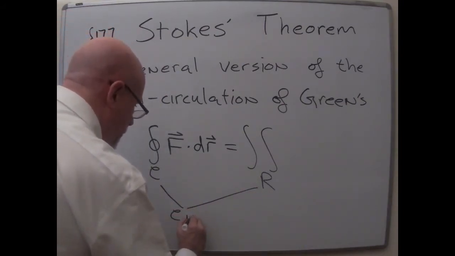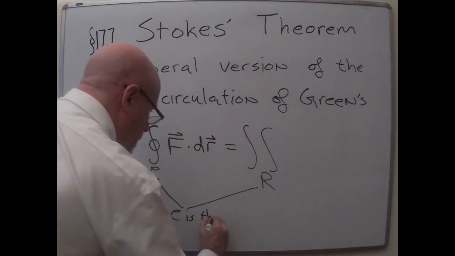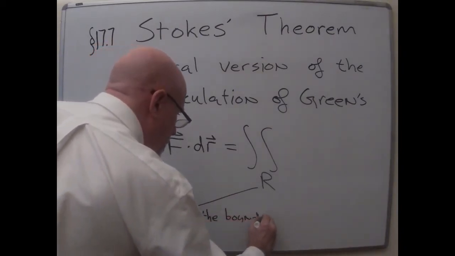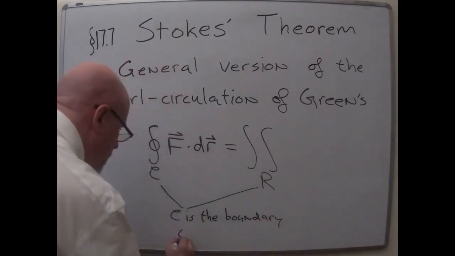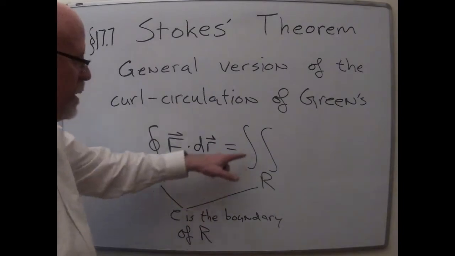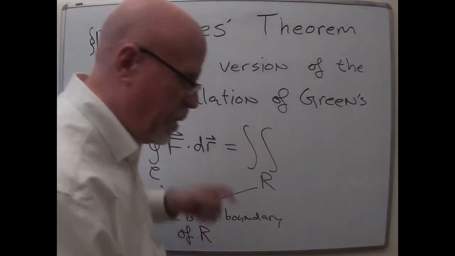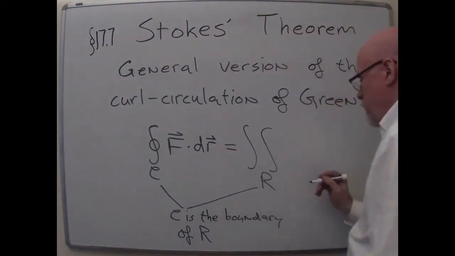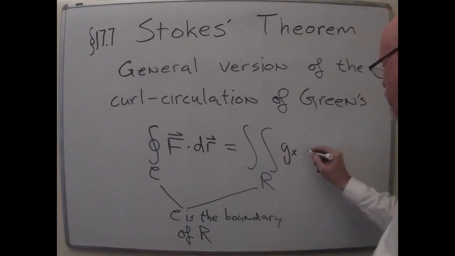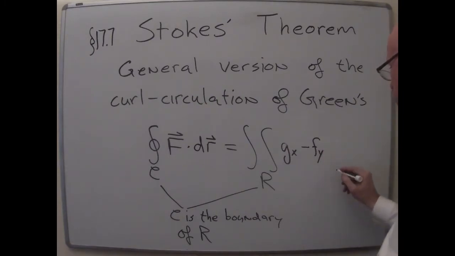C is the boundary of R. But the thing that you do the double integral of is a little bit strange. It's the x partial derivative of g minus the y partial derivative of f. This is done with respect to area.